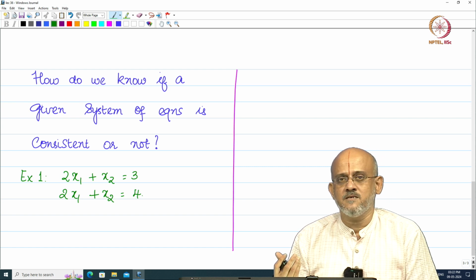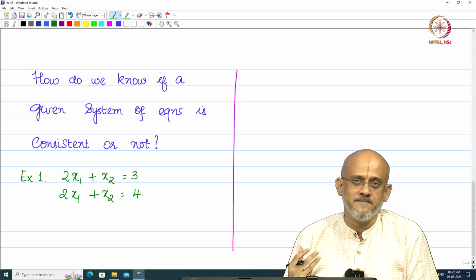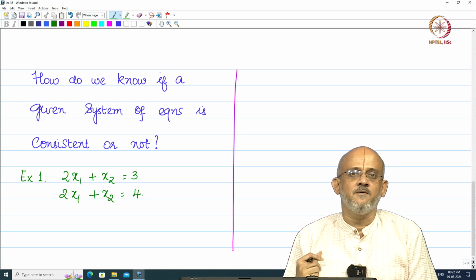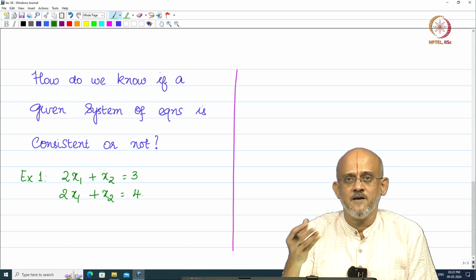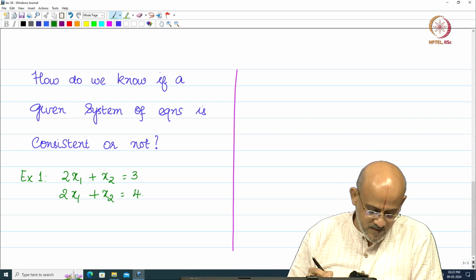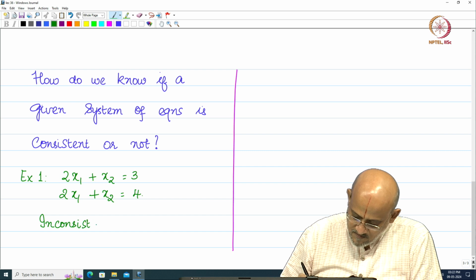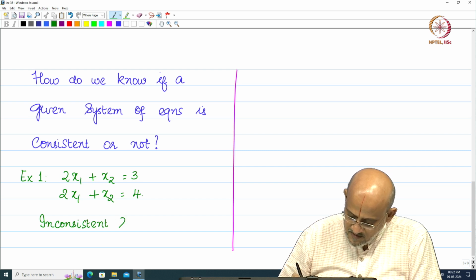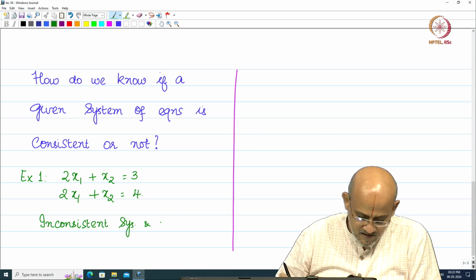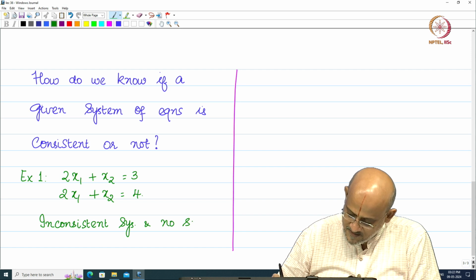Therefore, both equations cannot be true at the same time, and therefore the system is inconsistent. That means you cannot find solutions x1, x2. So inconsistent system, no solution exists.